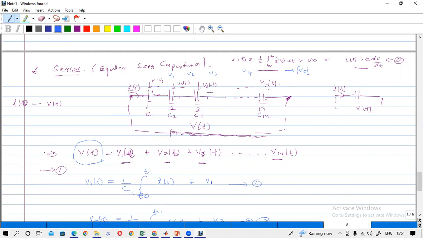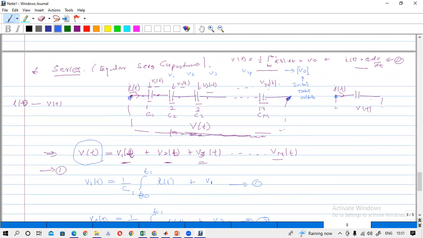This is the initial voltage across this band, the initial total voltage across the capacitance, V naught.